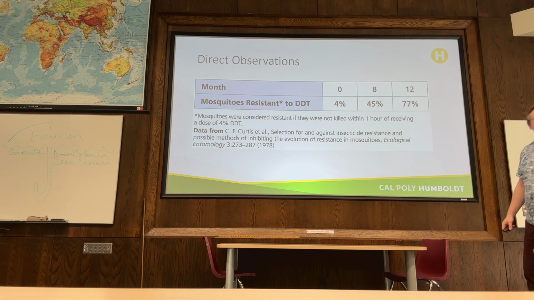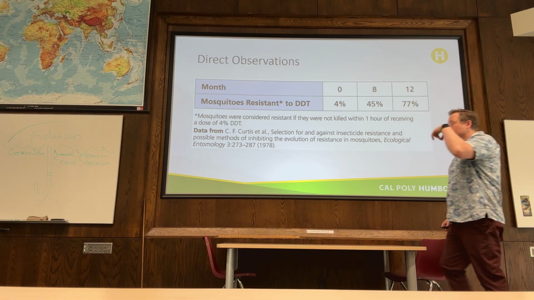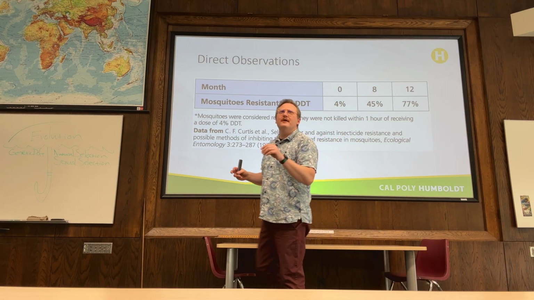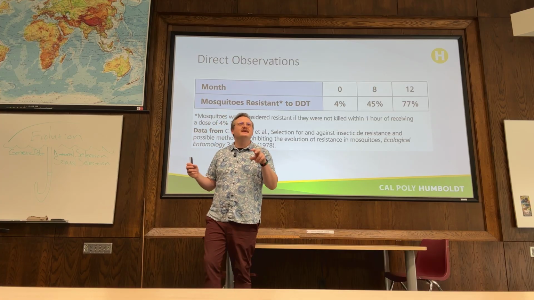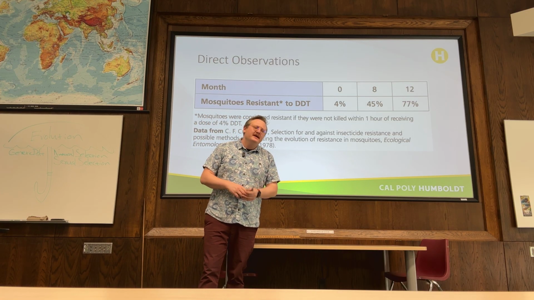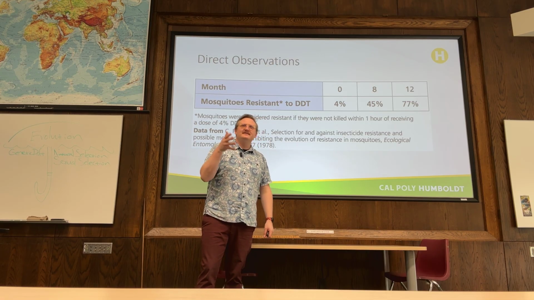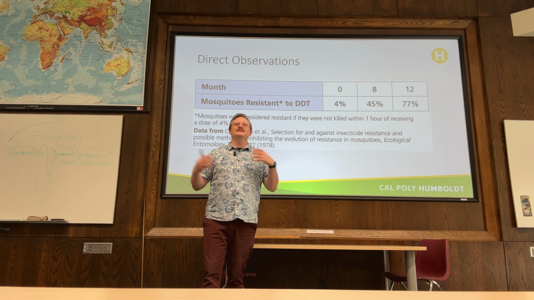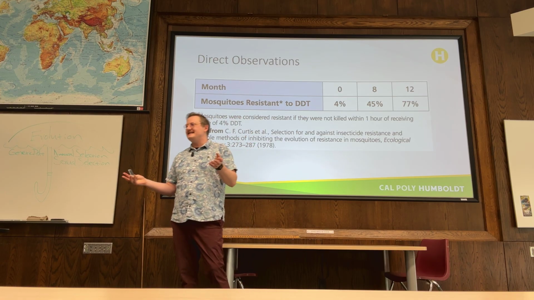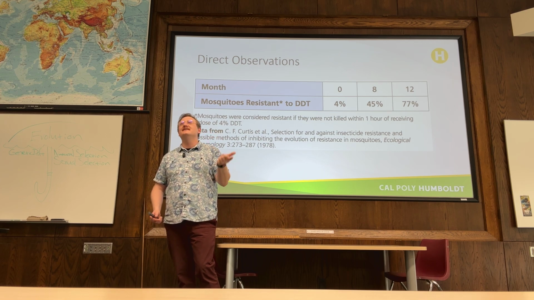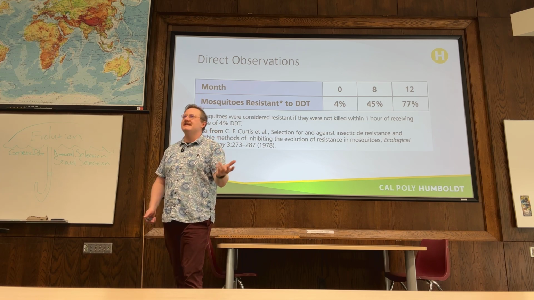Direct observations of resistance being evolved in a population, where we call it artificial selection usually, or sometimes you call it natural, but here's the point, right? You apply a bunch of poison, you kill all the mosquitoes, except for 10% of the mosquitoes survive, and they all have alleles that encode DDT resistance, all right? The population is going to quickly increase in frequencies of the alleles that encode for DDT resistance.